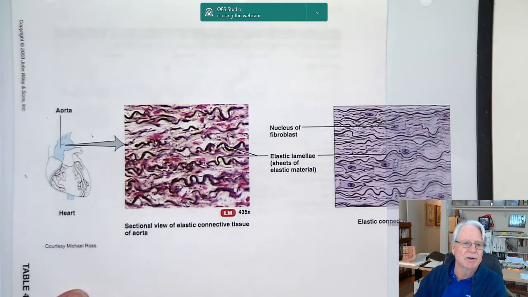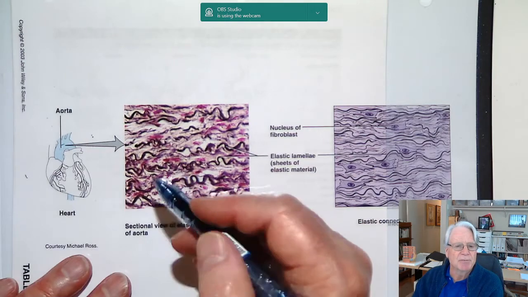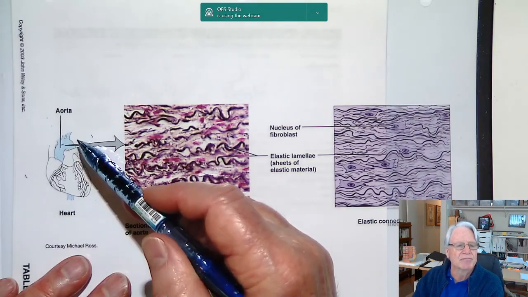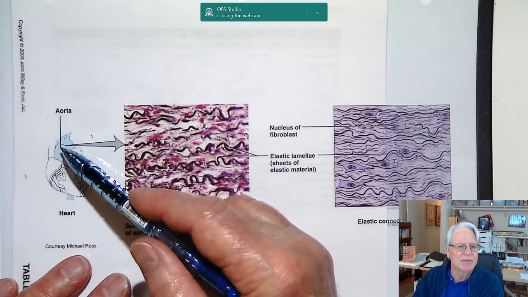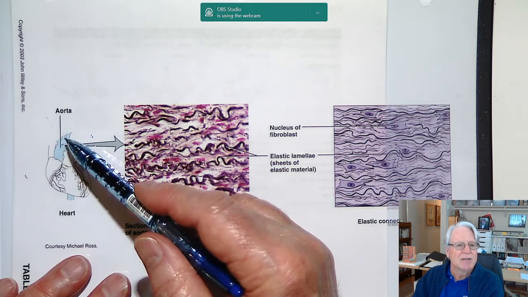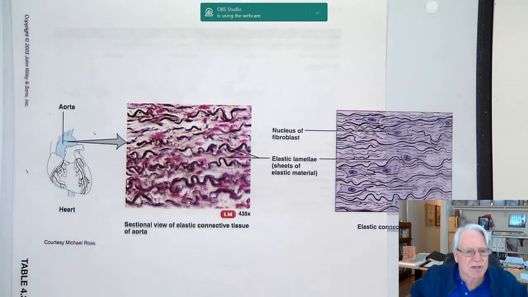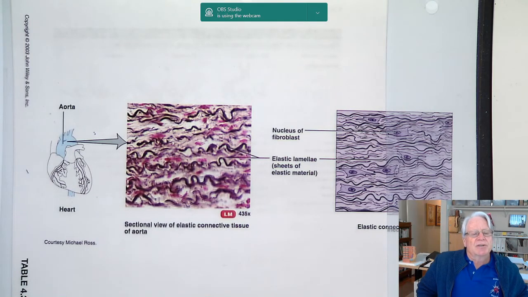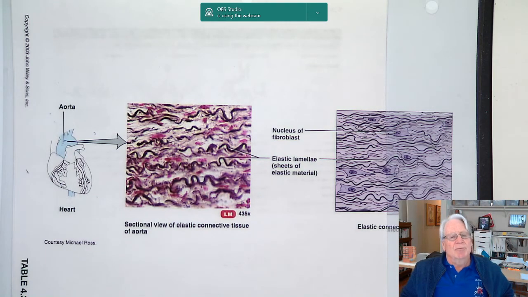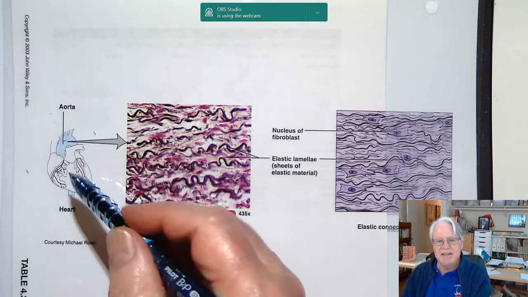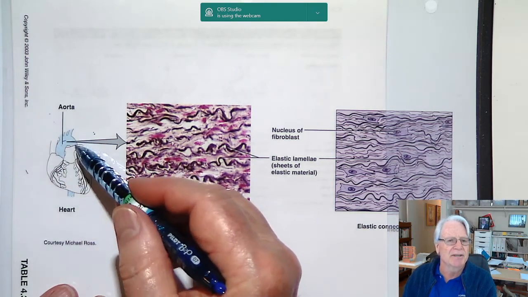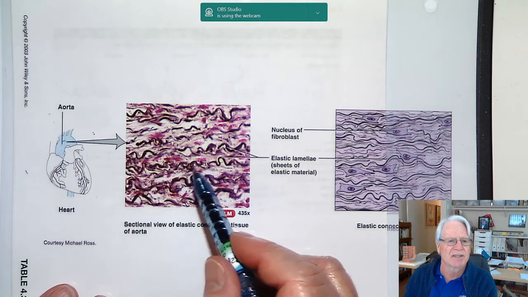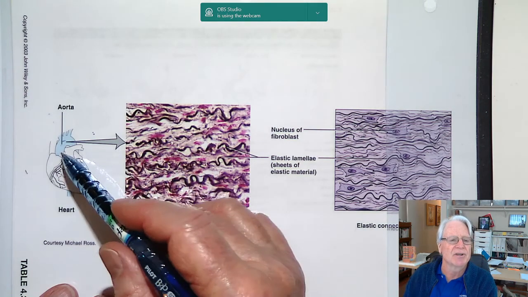They're using the aorta as an example. This is an elastic artery. So we have muscular arteries and elastic arteries, and this is definitely an elastic artery. You'll learn the difference between those when you get into 40B. Right now, just by the name of it, elastic artery, it's just like a giant rubber band because it has all of this elastic tissue making up the wall of this artery.